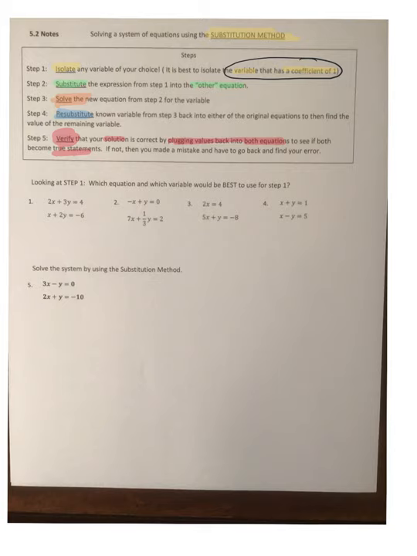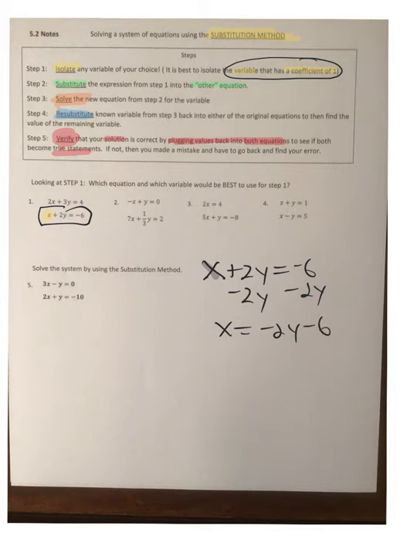So if I get to choose, I'm going to work smarter and not harder, and I'm going to isolate the x in the second equation. Now you don't actually have to do that right now, but I just want to show you, if I decided to take the second equation and isolate the x in the second equation, look at how easy that was. I've already got x by itself in one step.